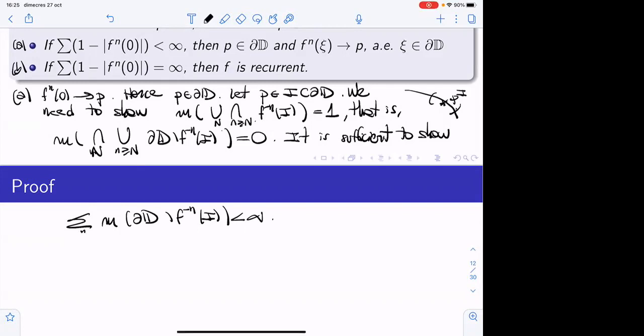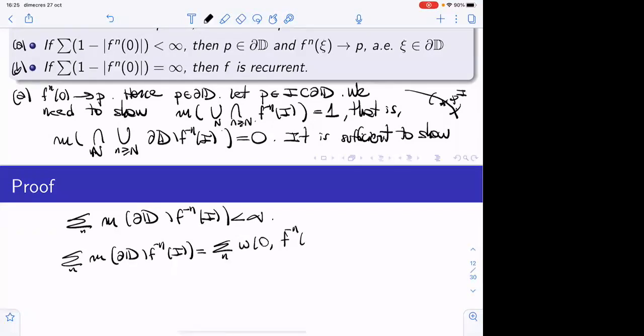So we start with the sum of the measures, and we write it as harmonic measures. This is the harmonic measure from the origin of the same set. And let me write the same set in this way. Okay. Well, now we use the invariance of harmonic measure.